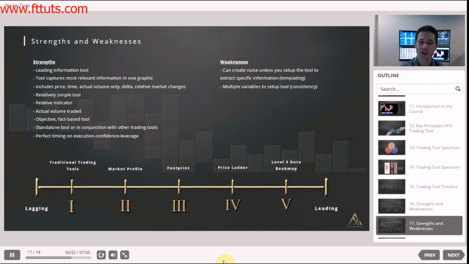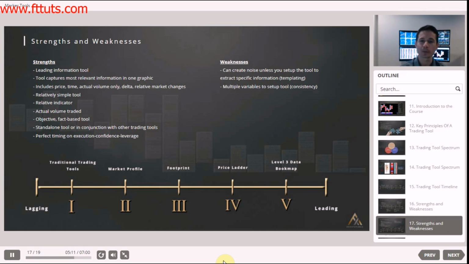Note, it's an objective, fact-based tool, and this is particularly important, because we're not leaving the decisions to opinions or subjective information. We can see the buying coming into the market, identify a strategy around this buying, and execute on fact-based information.